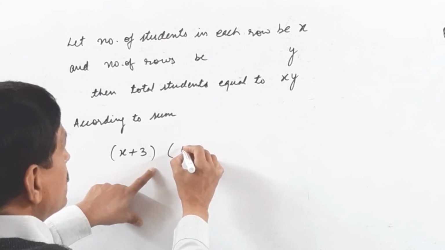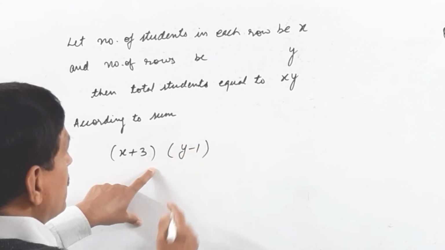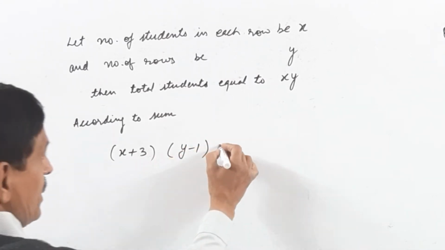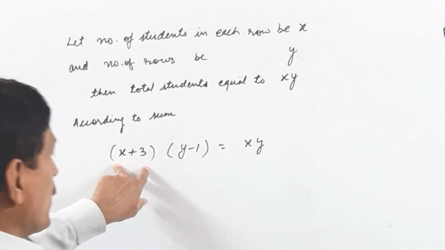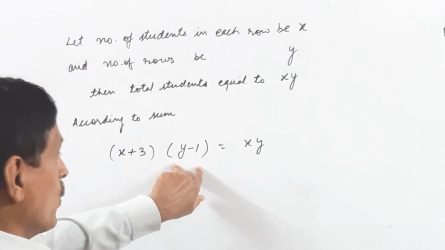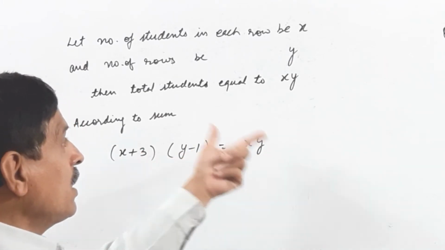The number of rows y minus 1, thus the total students is equal to x into y. This is number of students in each row and number of rows. When multiplied, we get the total students.